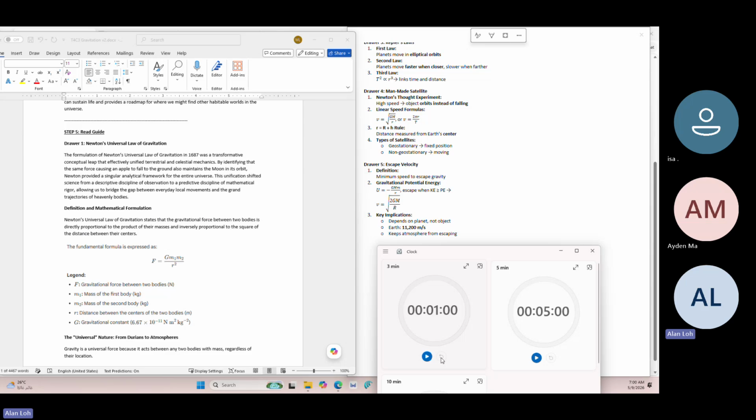If you're talking about the second law, let's say I'm the sun and you're the earth, and you are running faster when you're nearer to me. Because it is elliptical, at a certain point you are further away from me.